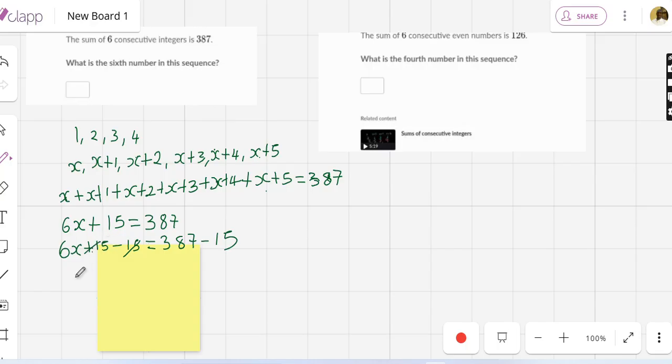We'll have 6x here on my left equal to 387 minus 15. That should be 372.